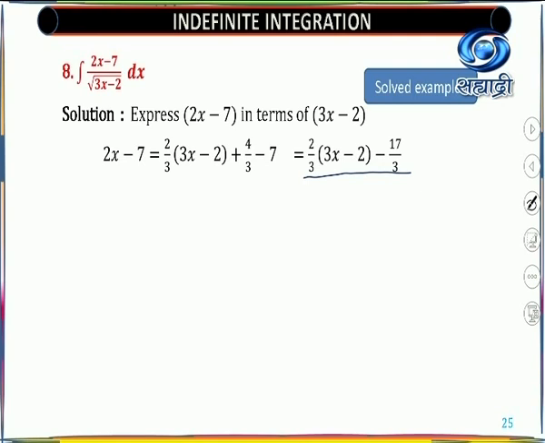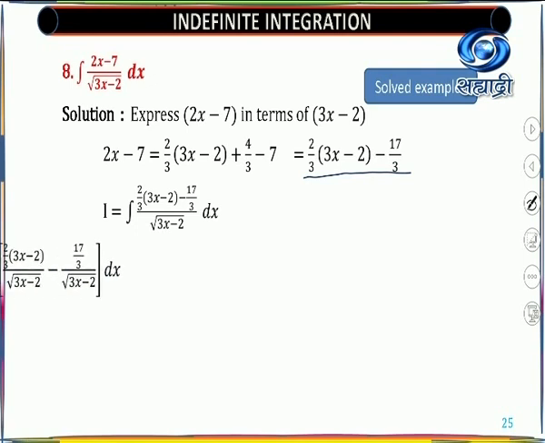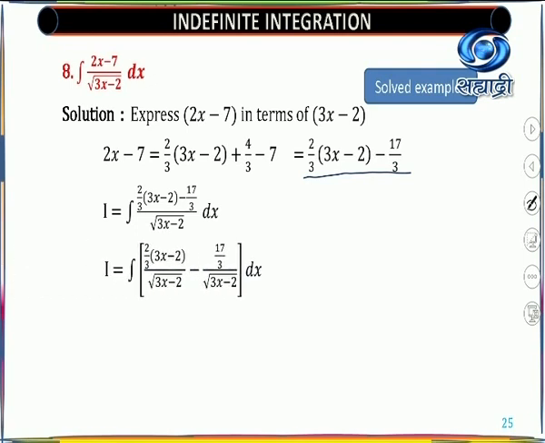Now substitute in the integration. Your integration becomes integral of (2 upon 3 (3x minus 2) minus 17 upon 3) dx. Separate the denominator: 2 upon 3 (3x minus 2) upon root of (3x minus 2) minus 17 upon 3 upon root of (3x minus 2) dx.